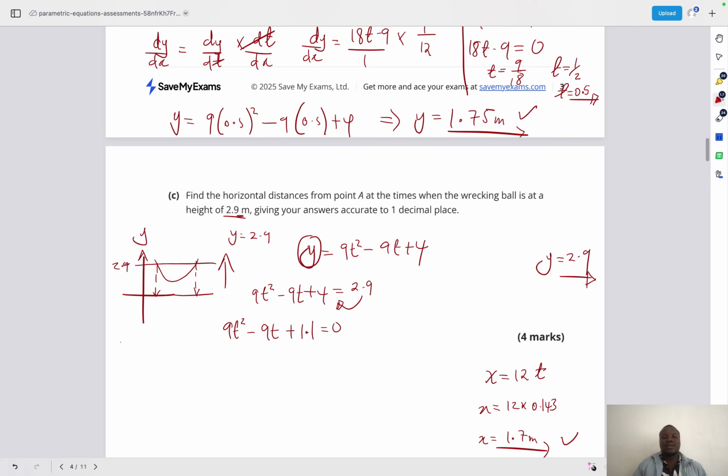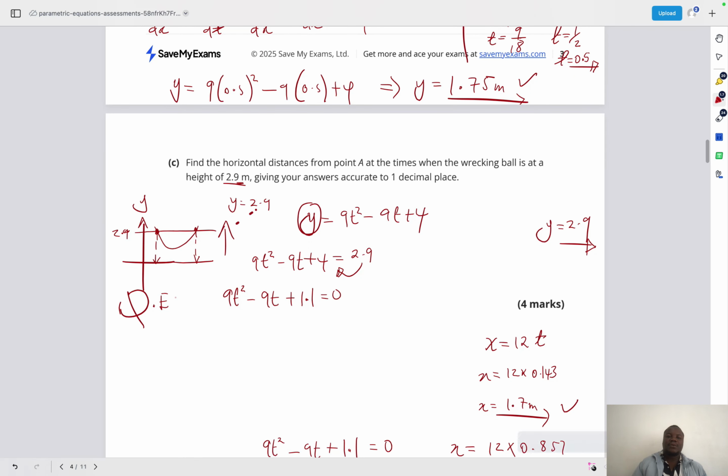Now we've got a quadratic equation, and we just need to solve for t and see the values of t when it's at 2.9 there and there. So we solve using the quadratic formula, t is equal to negative b plus or minus the square root of b squared minus 4ac, over 2a. We've got our a, our b, and our c.